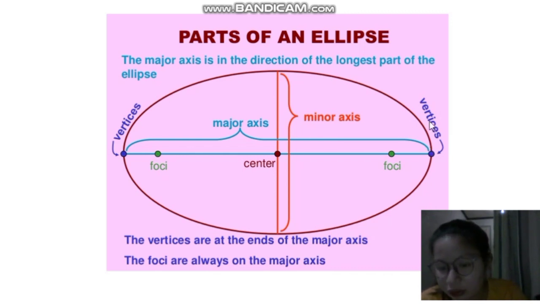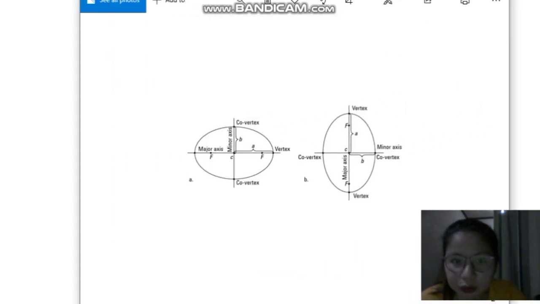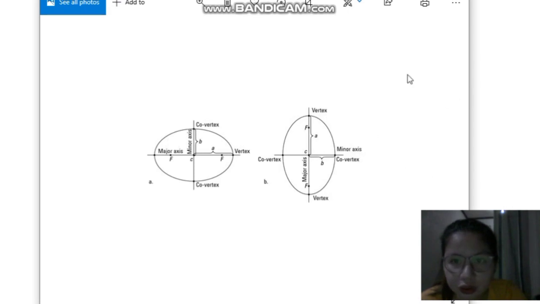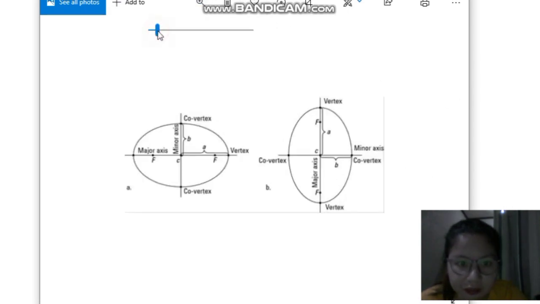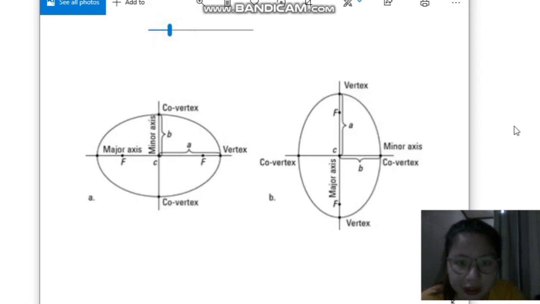Kasi meron tayong dalawang types of ellipse. So, papakita ko sa inyo yung isa nating ellipse. Ayan. So, we have two types of ellipse. We have the horizontal ellipse and then the vertical ellipse.